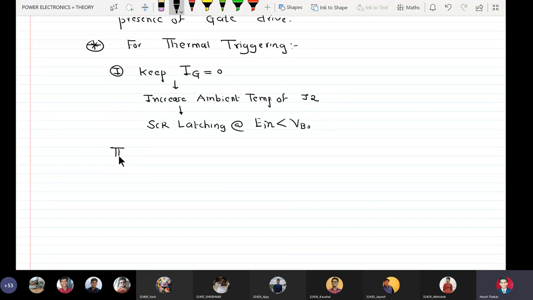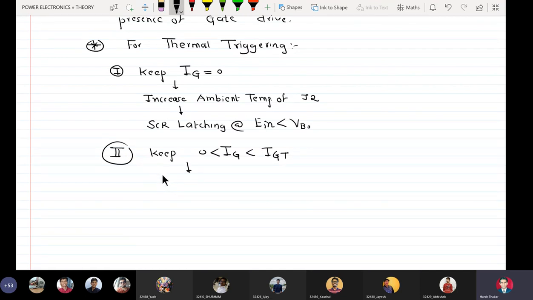The second method is to keep Ig greater than 0 but less than the gate threshold current IGT.